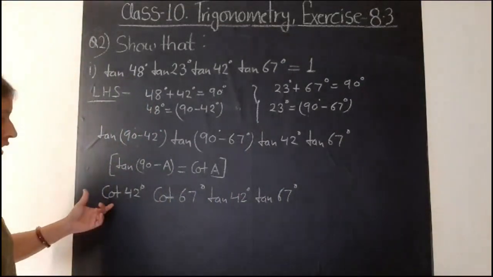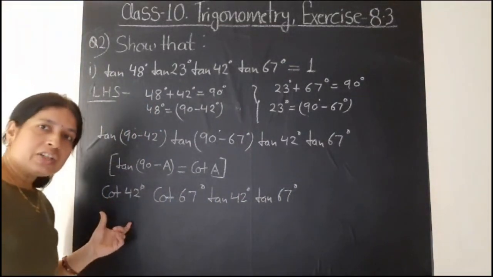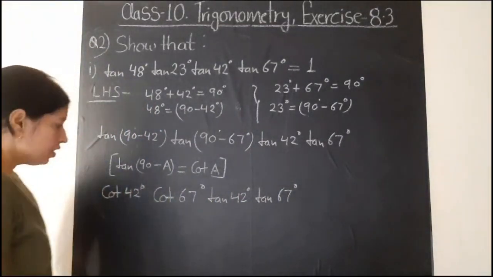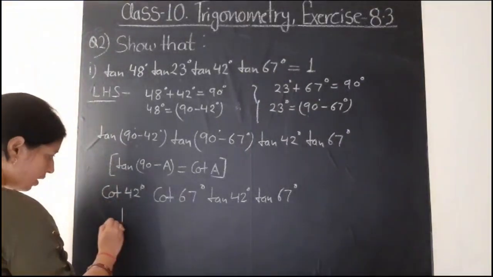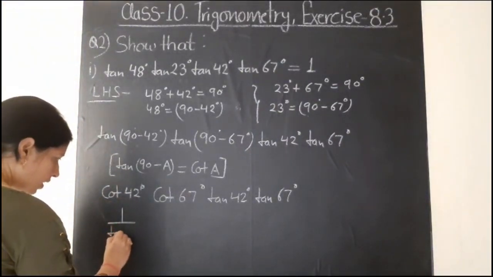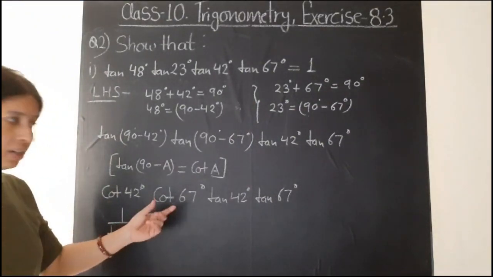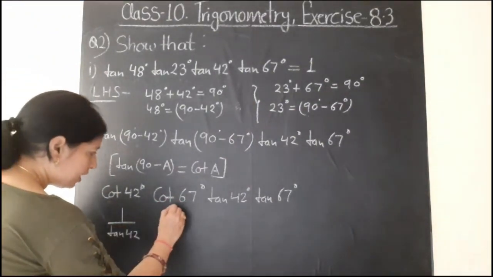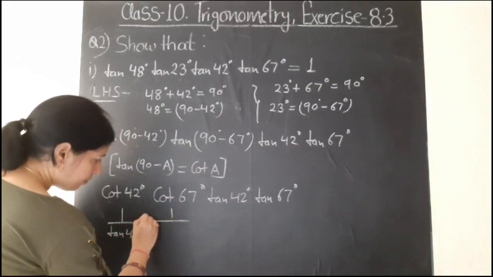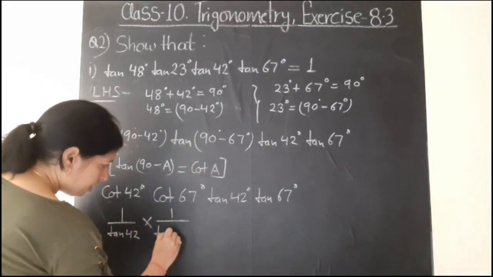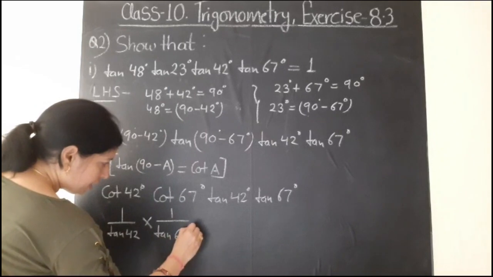Okay, we know that cot A is equal to 1 by tan A. So we can write here 1 by tan 42 degree. Here cot 67 degree. So we can write 1 by tan 67 degree.